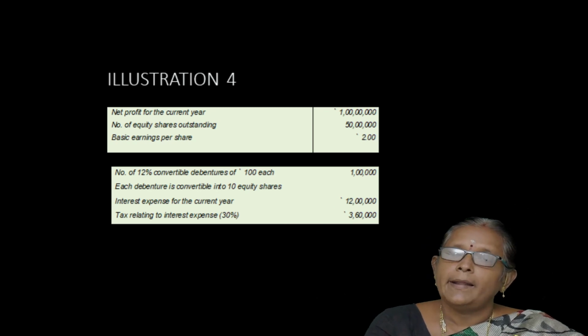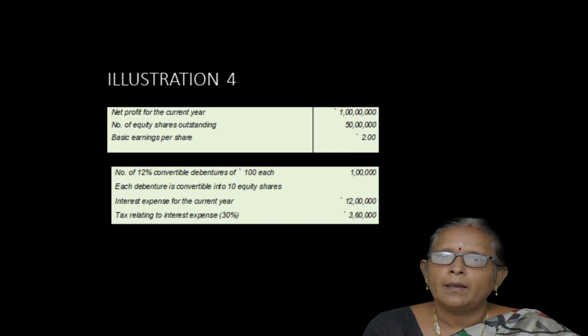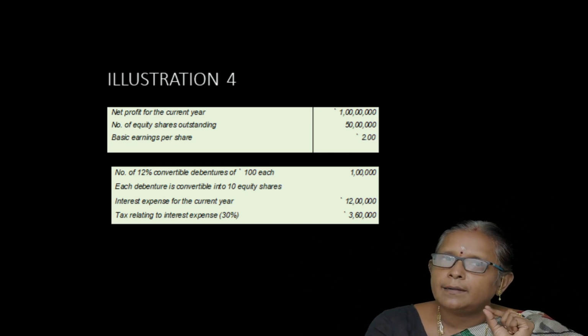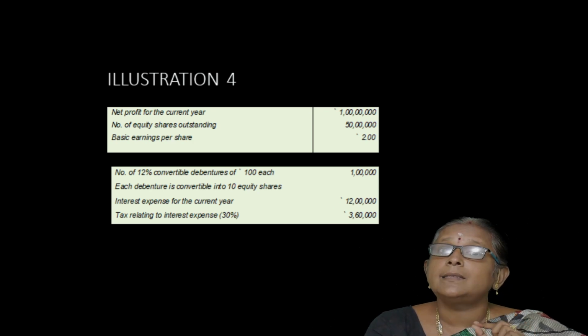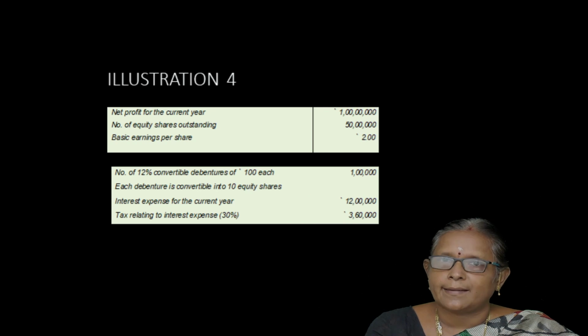Now there is one more alteration we have to do. If the debentures are converted into equity shares, there is no need to pay interest to the debenture holders, because they have become shareholders and they are eligible for dividend, not interest.